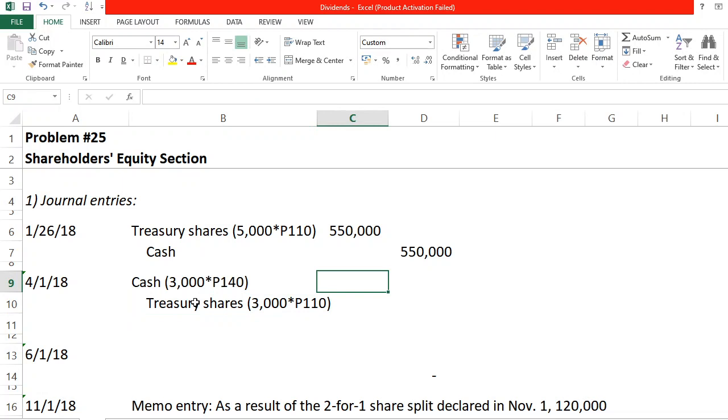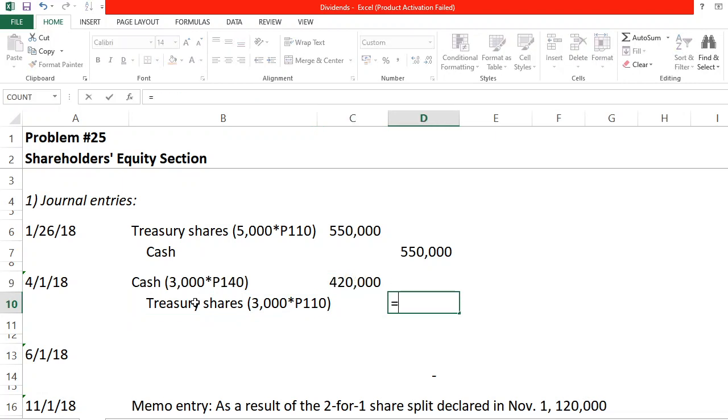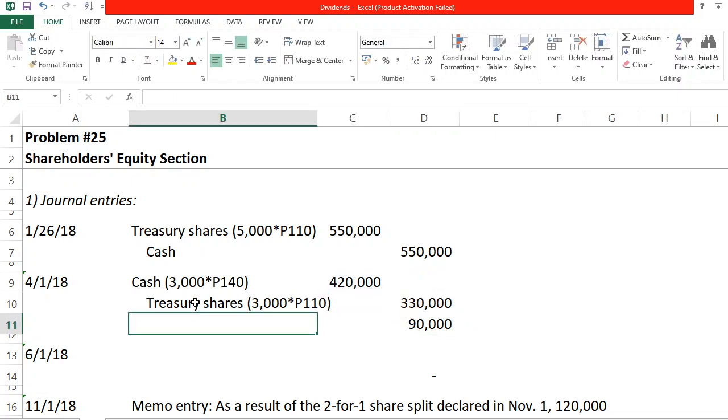So you have here 420. We received 420. We sold 330, and the excess will go to share premium, particularly treasury shares.